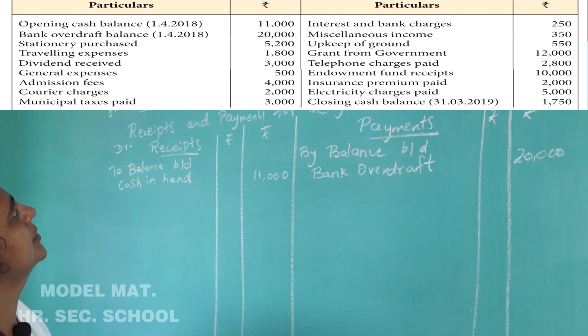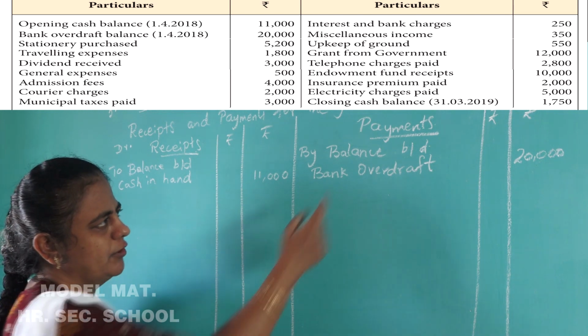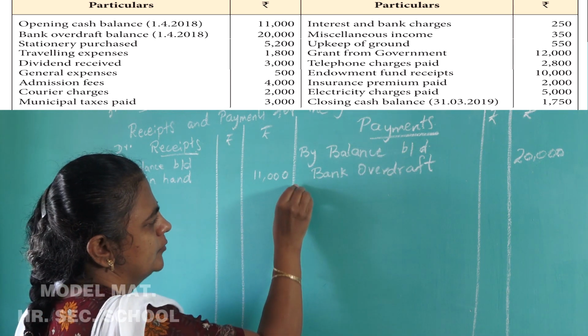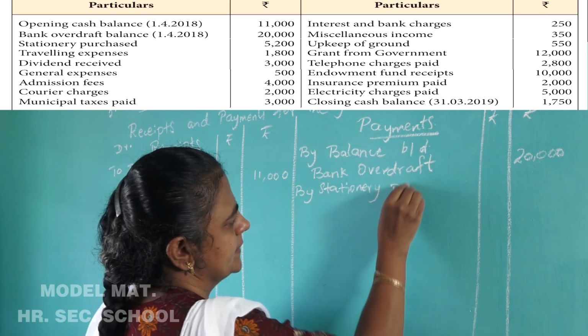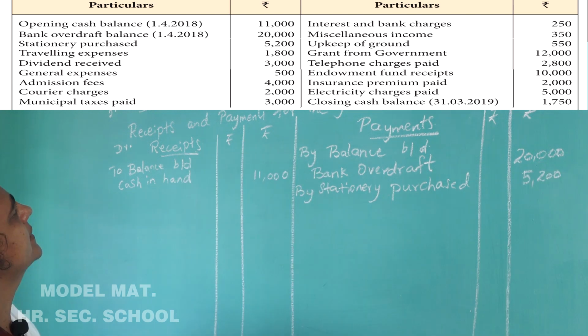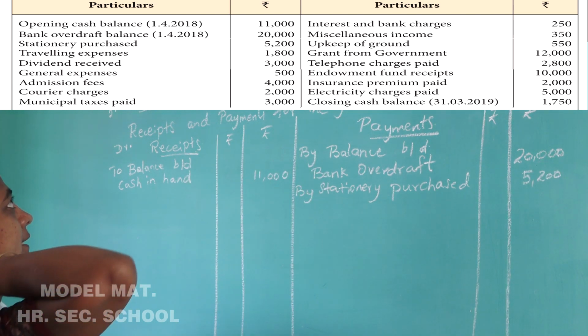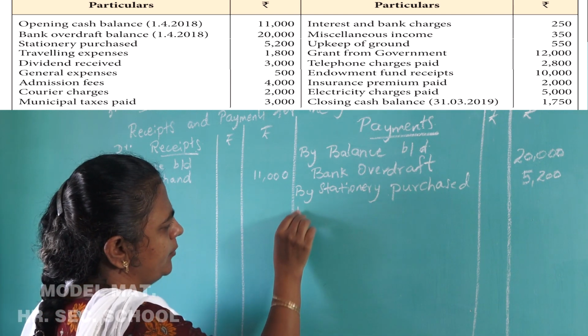Next is stationery purchased 5,200. Stationery purchased. So when you purchase, you have to pay for it. It is payments. So write here: by stationery purchased 5,200. Next is travelling expenses 1,800. Travelling expense, again it is expense, you have to pay for that.